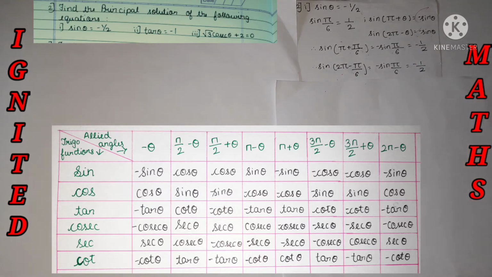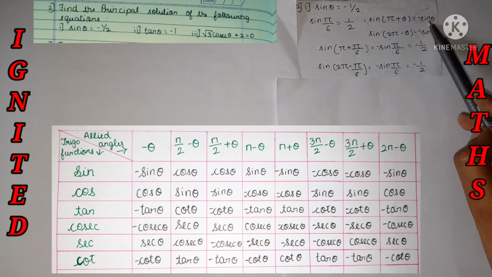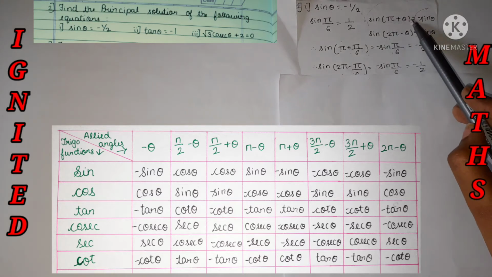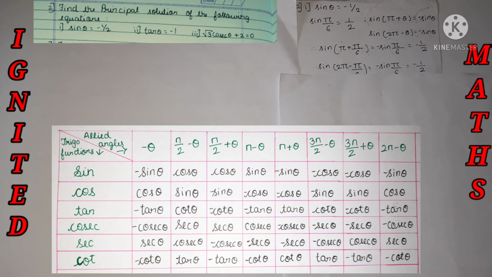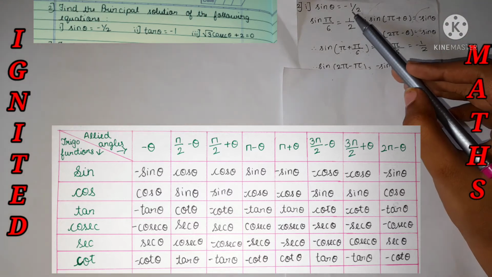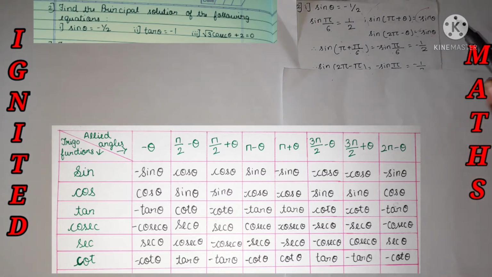We need to use the allied angles so that we get the answer as minus sine theta. In the first main question, we needed the answer positive, but over here the question itself is negative, so the solution also we need to get negative.